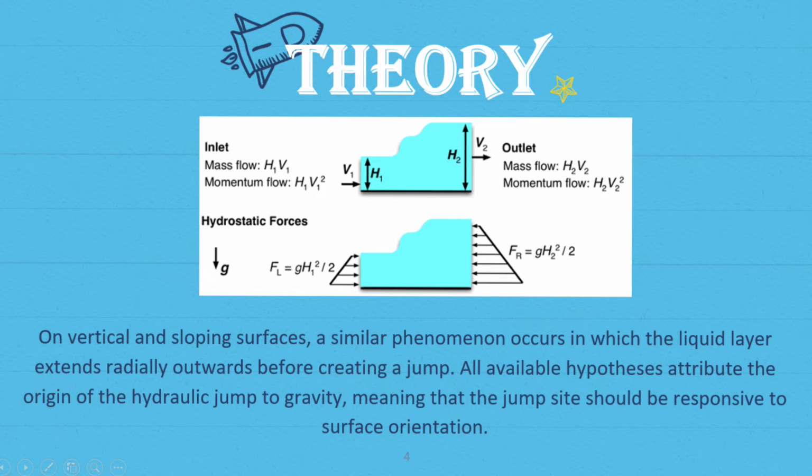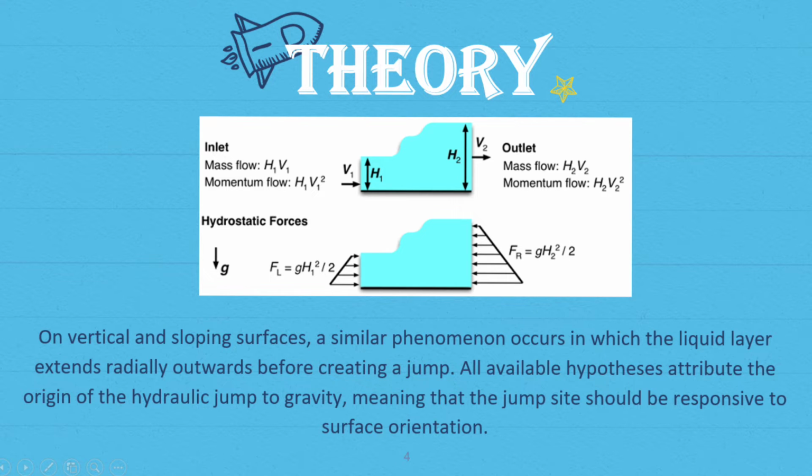Next, let's talk about the theory of hydraulic jump. The circular hydraulic leap refers to this sudden shift in depth. On vertical and sloping surfaces, a similar phenomenon occurs in which the liquid layer extends radially outwards before creating a jump.